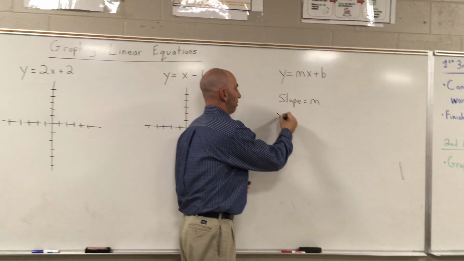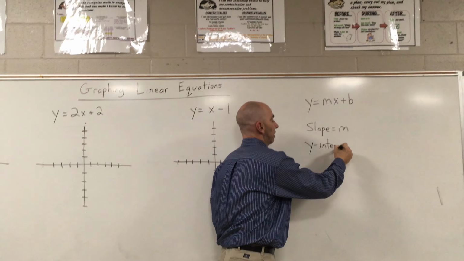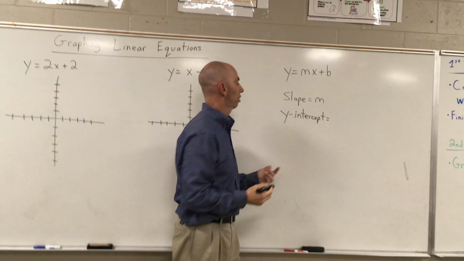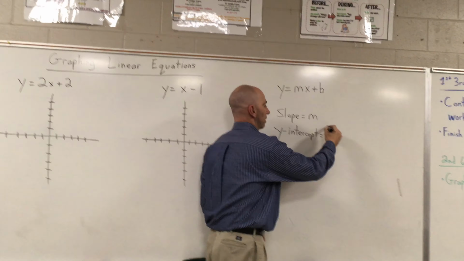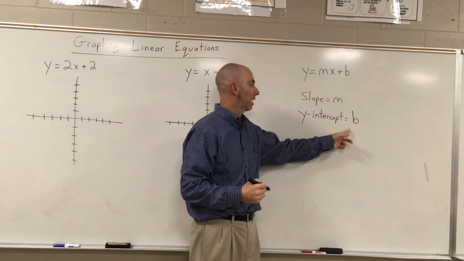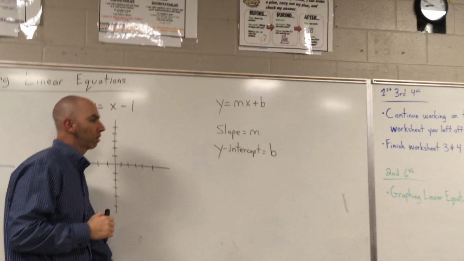And the y-intercept is, crazy enough, where b is. So slope is where m is, y-intercept is where b is. Who came up with it? I'm not sure. Way smarter than me.